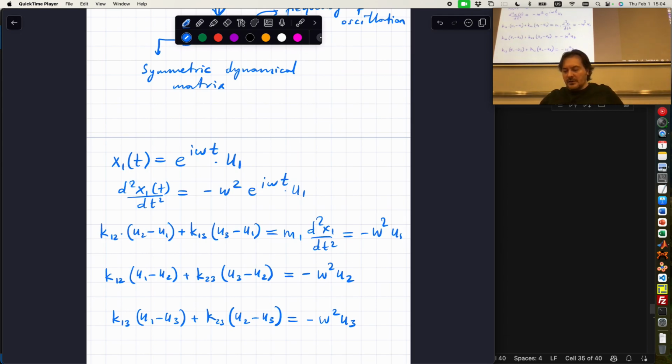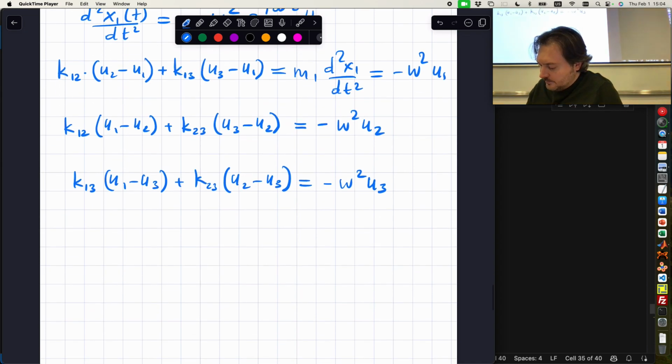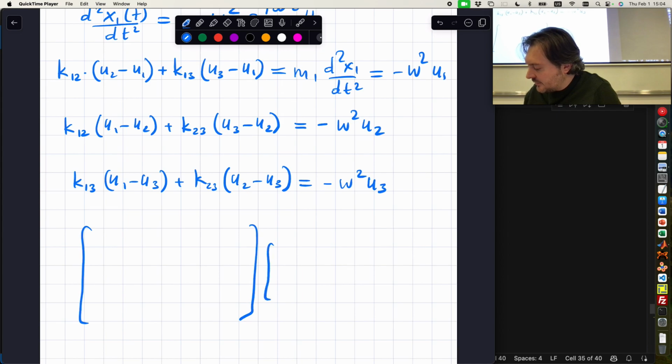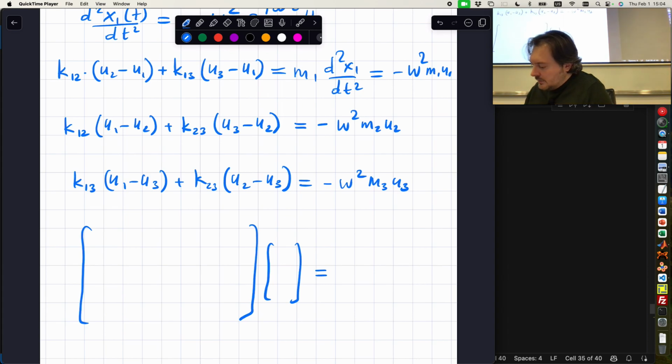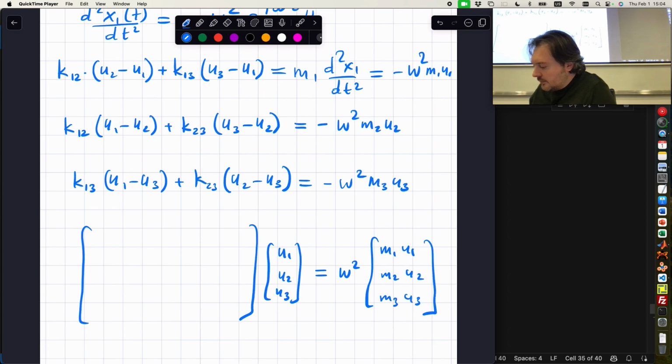So let me write it down as a matrix. It seems like we have already achieved our goal, but we haven't. That will be a major problem, so let me write these. So we have u1, u2, u3, then we have omega squared, m1 u1, m2 u2, m3 u3, right?